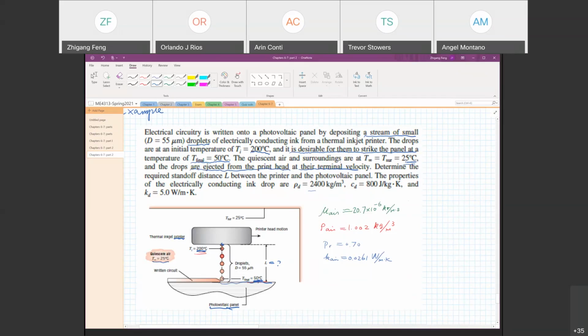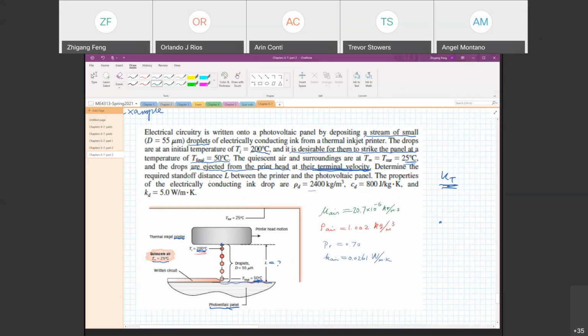That's something we define in fluid mechanics, terminal velocity, U sub T. Usually when the droplet leaves the print head the velocity is 0, and quickly it reaches the terminal velocity. But according to the statement here, we can assume the droplet has a velocity equal to terminal velocity at any time instant. We neglect the transient period.